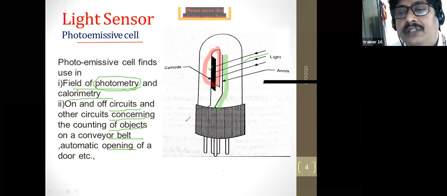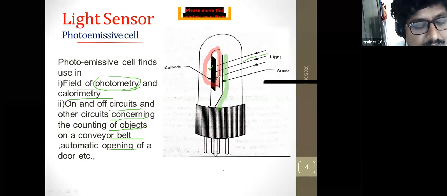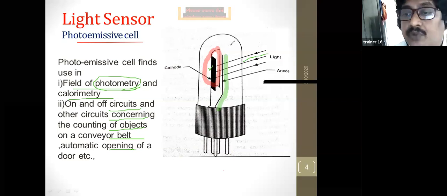So here this is the cathode material. These are different materials, like some semiconductor materials, photosensitive. These are photosensitive surfaces. The photo metal cathode is a photosensitive surface, and when the light is incident on the cathode material, which is in the shape of a semi-cylinder or a V shape, it emits electrons.